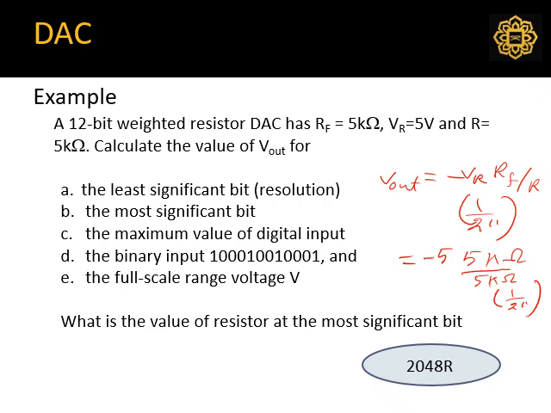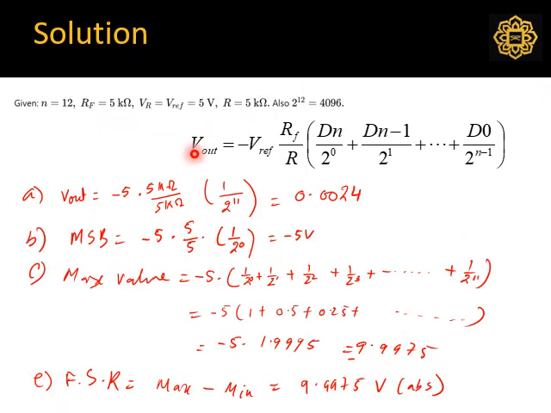Let's try to see the solution. As you can see here, this is the formula. If it is 2 to the power 11, meaning only this is on and all others are off, these terms will be 0 and this should be only 1. So 1 over 2 to the power 11, and 5 kilo by 5 kilo, RF and R are the same. 5 volt is your reference voltage, and because of the negative sign, there is a negative sign. So the resolution is 0.0024 volt.